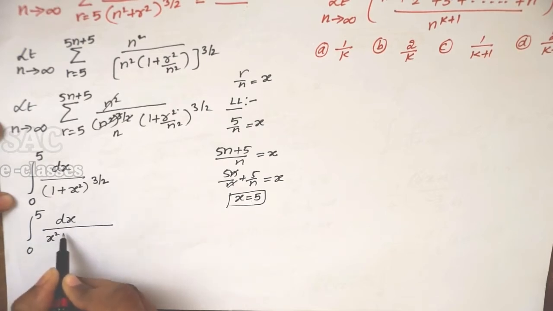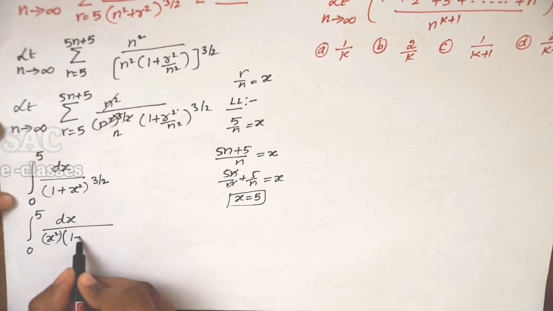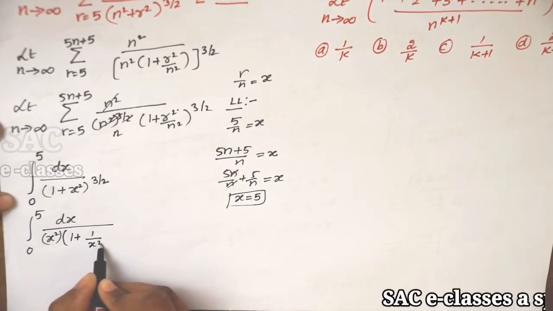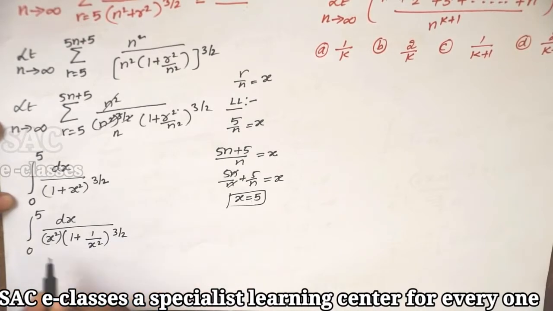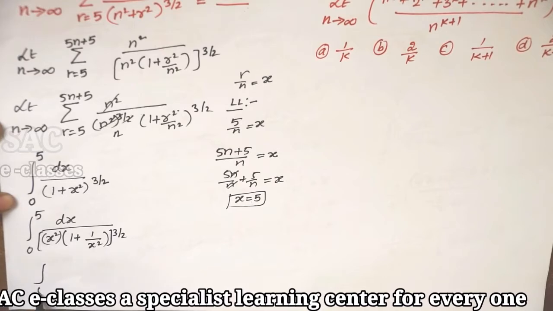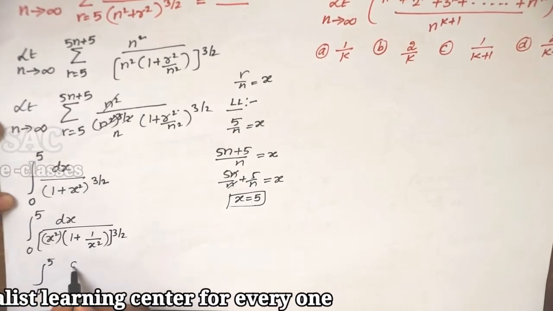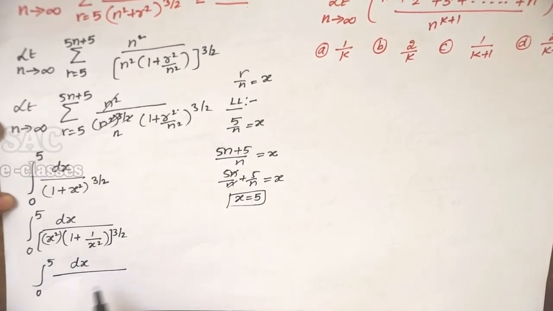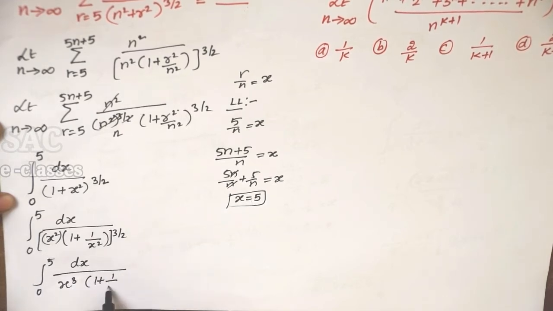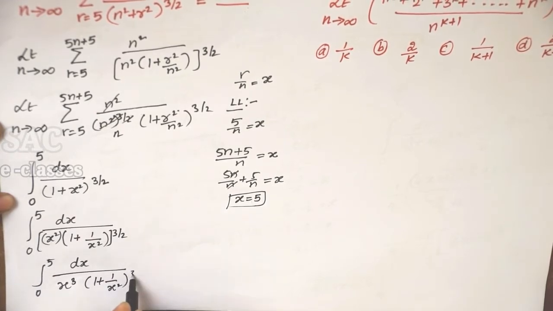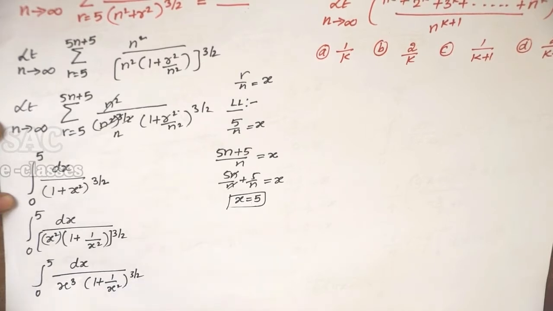Now let me take out x square common from here. Then you may get 1 plus 1 by x square whole power 3 by 2. 0 to 5 dx by x cube into (1 plus 1 by x square) whole power 3 by 2.